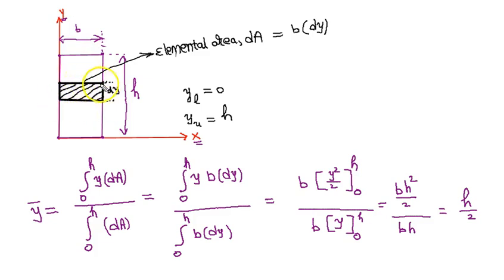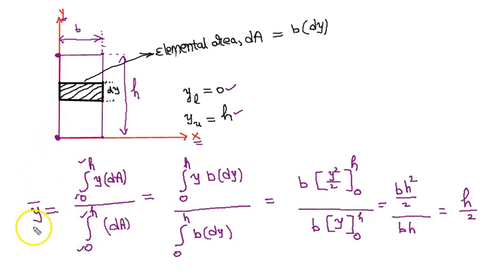When we want to find the y coordinate of the centroid, we take the elemental area to be perpendicular to the y-axis. Having said that, we note its lower limit is 0 because the lowest point is given over here. The uppermost point is given over here. So y lowermost is 0, y uppermost is h. So your limits of integration are from 0 to h everywhere.